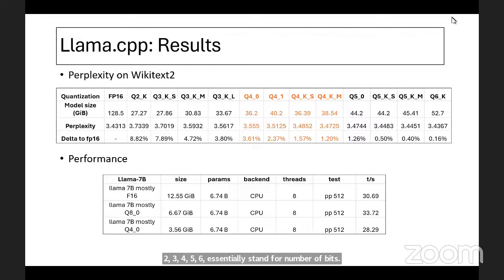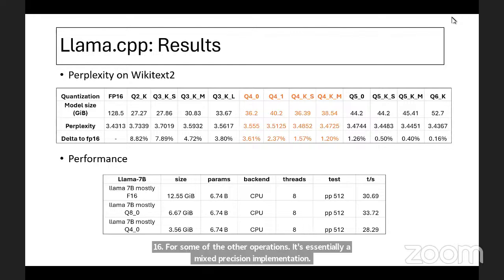A catch here is that they're not purely 4-bit or 8-bit quantization. Like we have seen in the previous case, where we used 4-bit for weights, 16-bit for activations, and FP16 for some of the other operations, it's a mixed precision implementation.